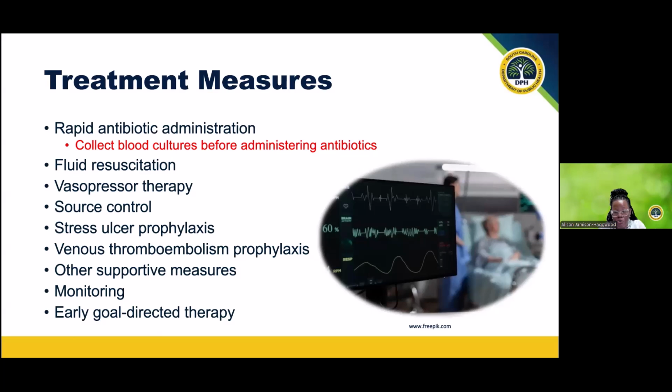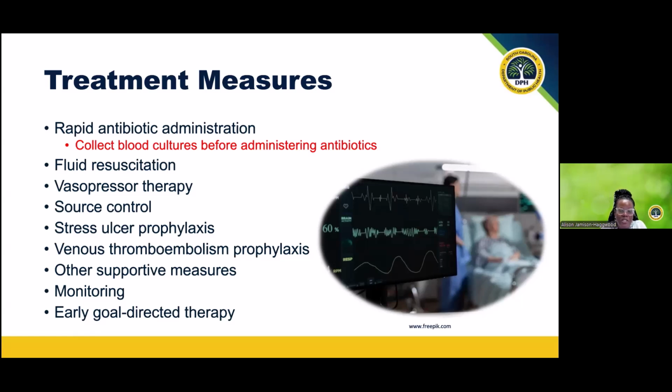And then source control, ensuring that we're identifying the issues with that patient. And then utilizing vasopressors.